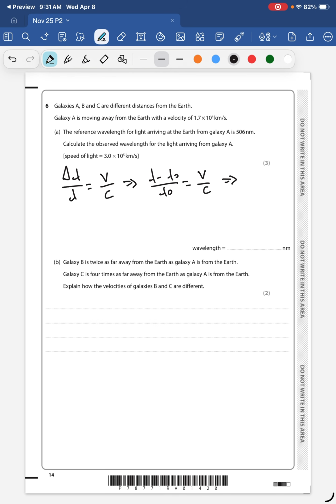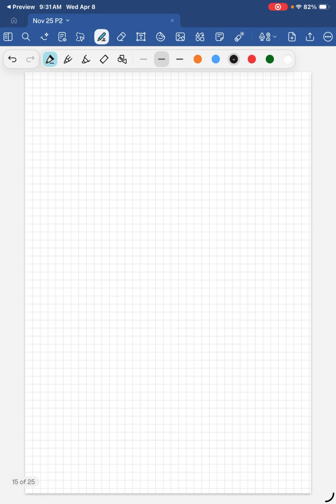So let me think. So lambda minus 506 over 506 is equal to 1.7 times 10 to the 4 over 3 times 10 to the 5. So we have, let me use a clean page, lambda minus 506 over 506 is equal to 0.0566.